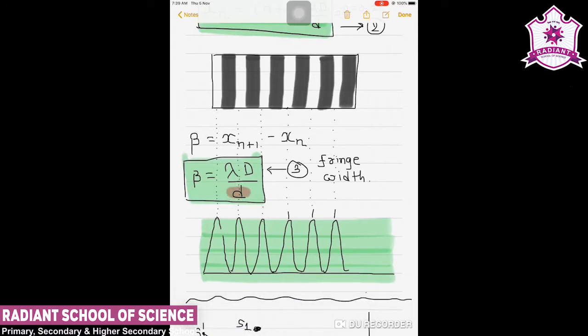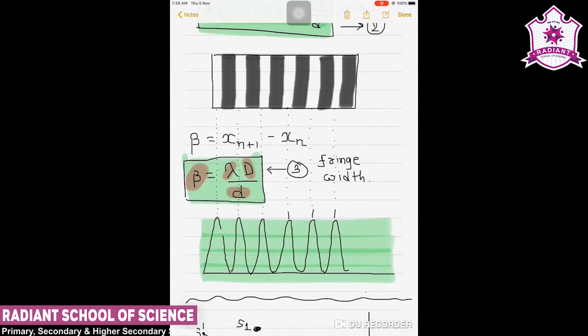Then it is given that the screen is placed 1 meter away, so we are also given capital D, that is the screen distance from slit. Then we are asked to find the fringe separation beta when blue-green light of wavelength 500 nanometer is used. So lambda is also given.